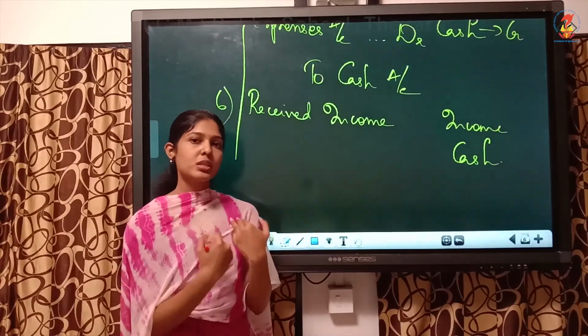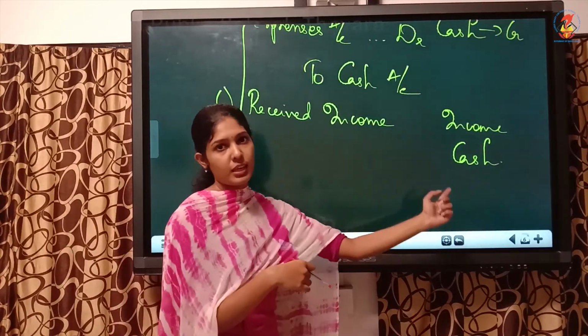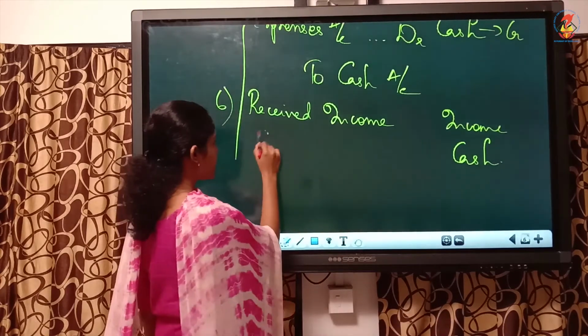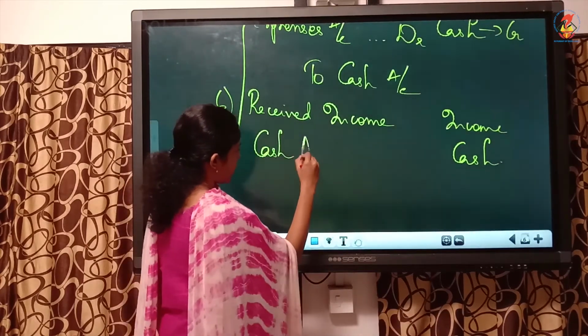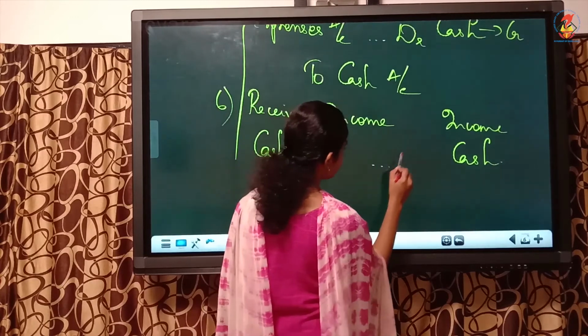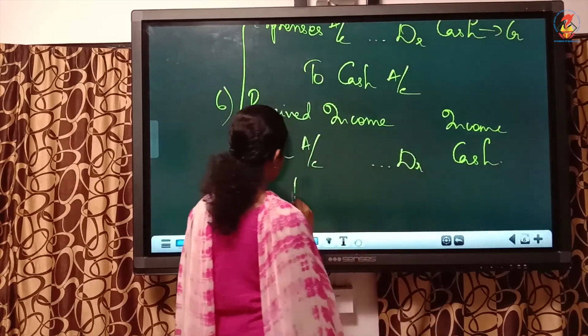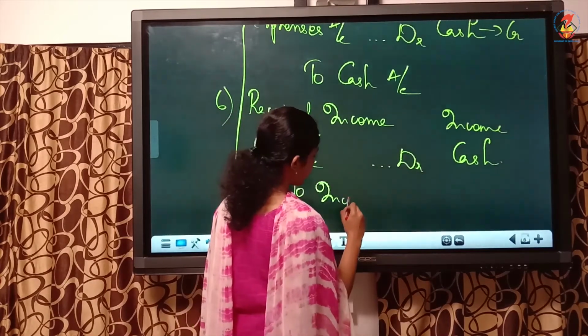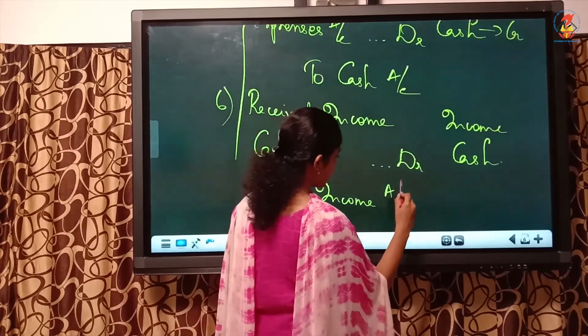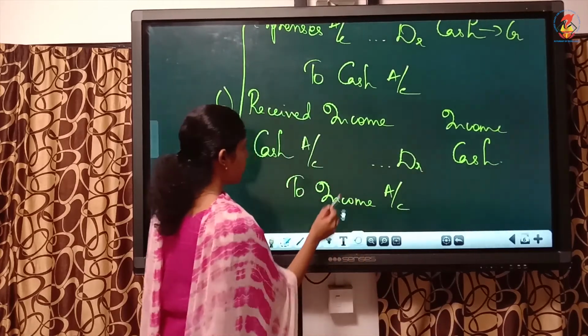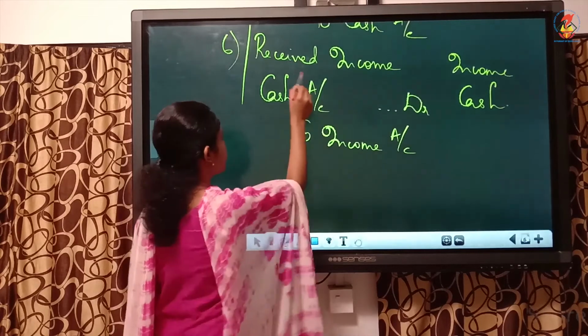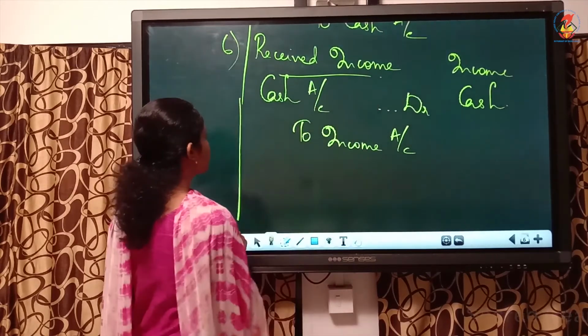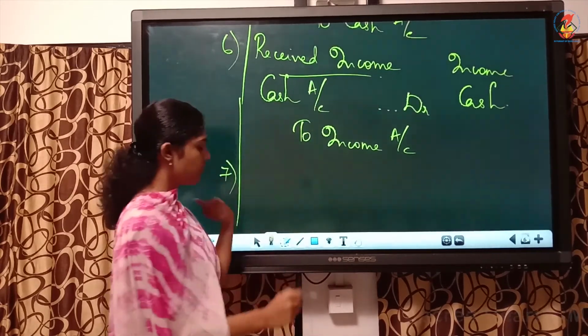So what comes in, or the receiving aspect here, is the cash. So what will you debit? Cash account debtor to income account. You can specify the income like commission, interest, whatever is mentioned in the question. Okay.